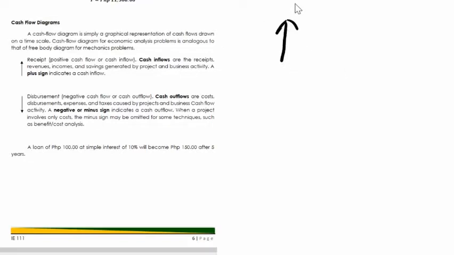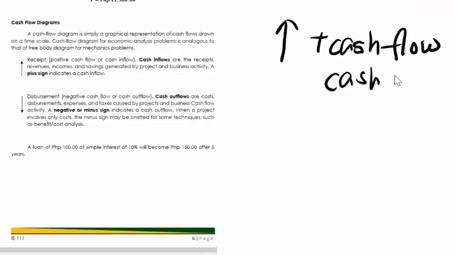So upward direction is positive cash flow, or other term is cash inflow. So cash inflows are the receipts, revenues, incomes, and savings generated by project and business activity. A plus sign indicates a cash inflow.